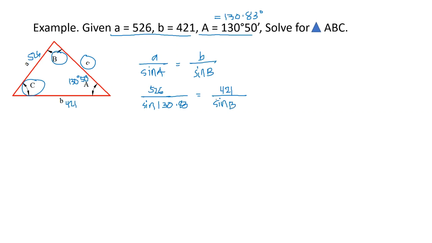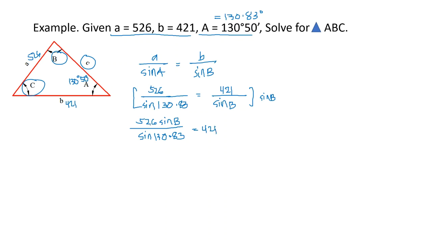Since sine B is unknown, we can multiply both sides by sine B to put it in the numerator. So in this case, 526 sine B over sine 130.83 is equivalent to 421.